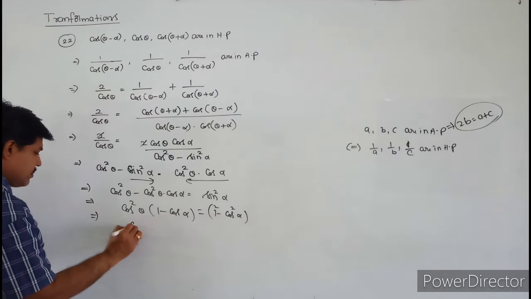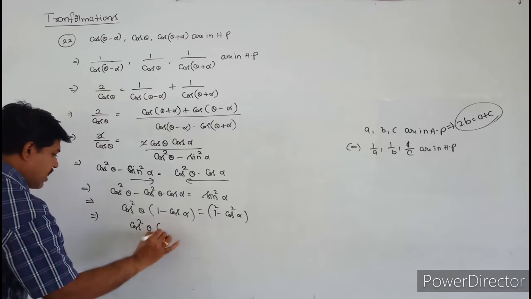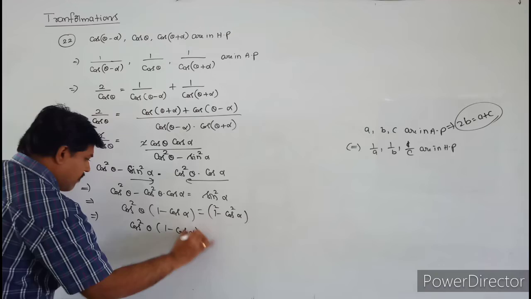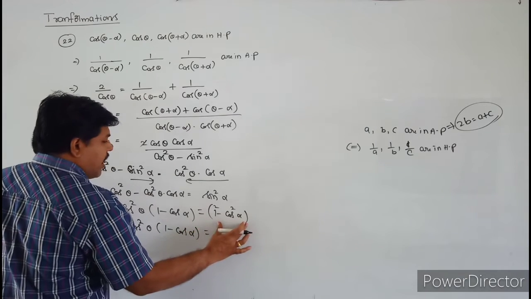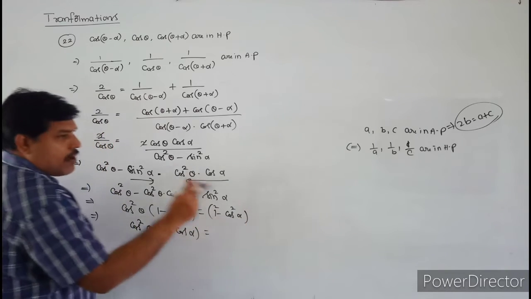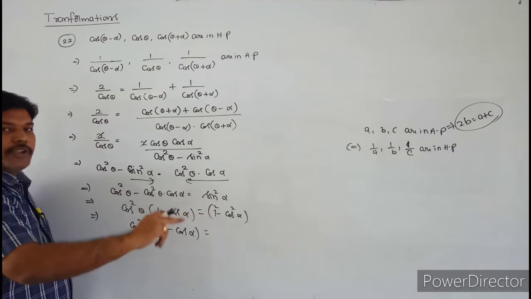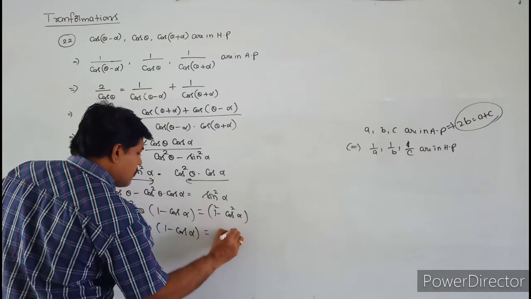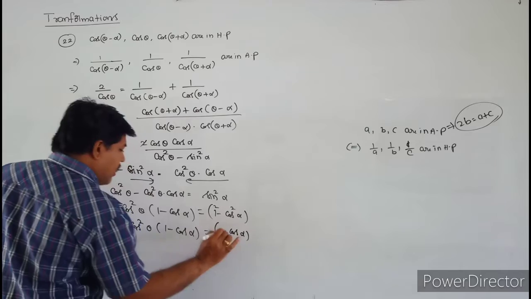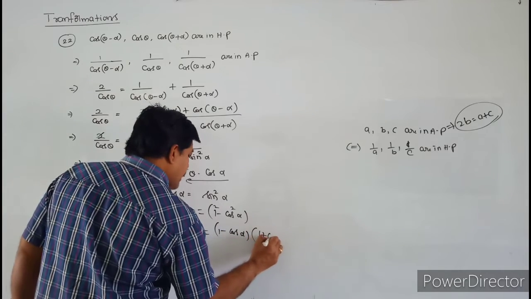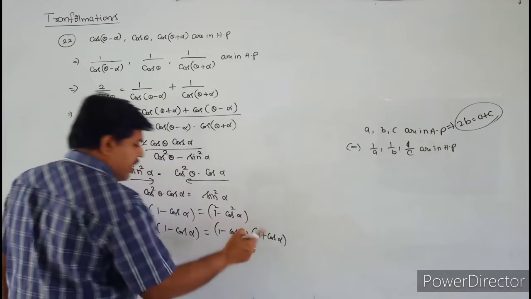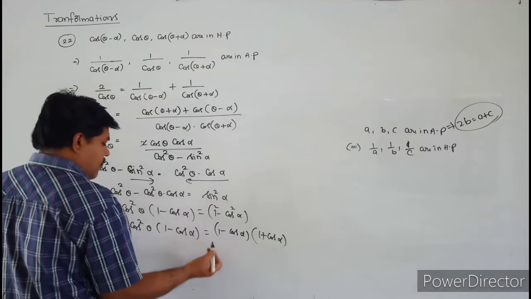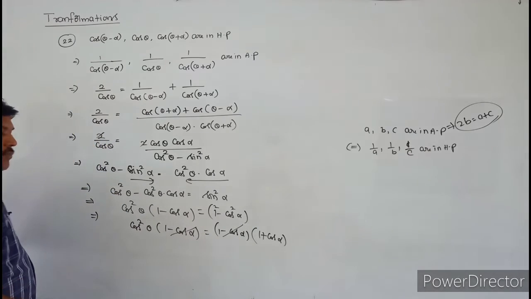So that implies cos square theta into (1 minus cos alpha) is equal to, a square minus b square is nothing but (a plus b) into (a minus b). So that is nothing but (1 minus cos alpha) into (1 plus cos alpha). What happens? 1 minus cos alpha will be cancelled.